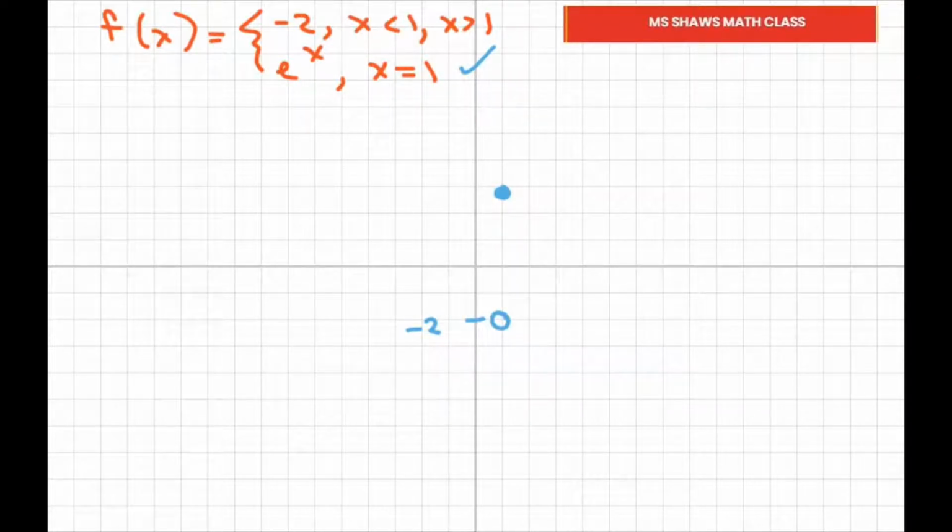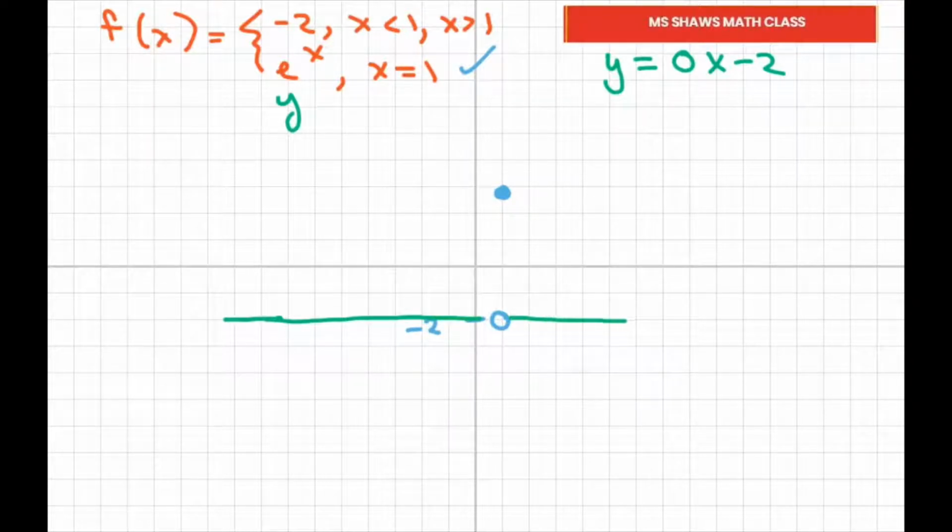And remember, this is your y values. So this is like saying y equals 0x minus 2. That means it's a constant function. So everywhere at negative 2, it's going to be like that. It's going to keep going. So that's that graph, and you have that open interval there.